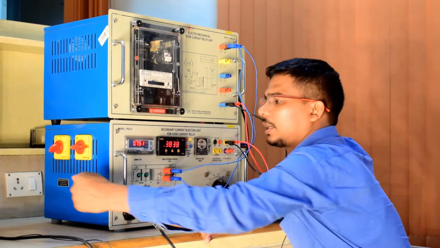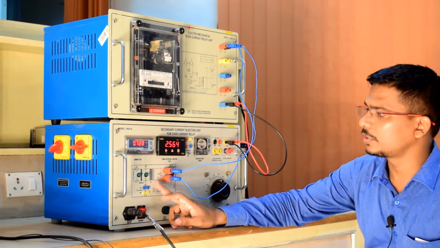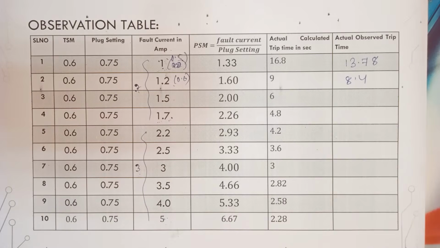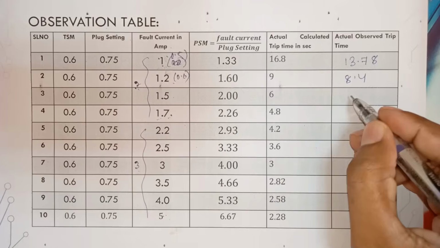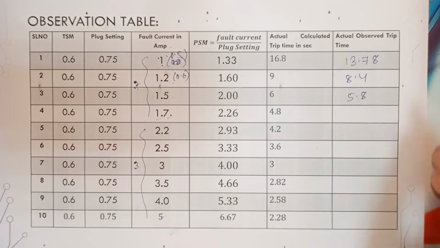Now I will apply the current, changing the S2 position. Now our expected time is 6 seconds. We got 5.8 seconds. So it is nearly equal.